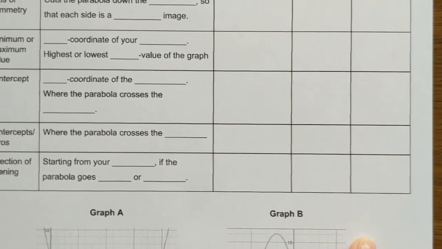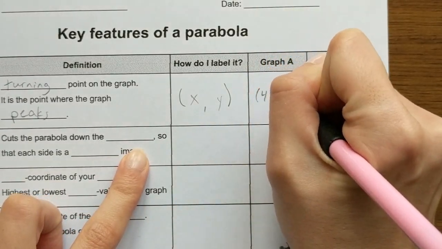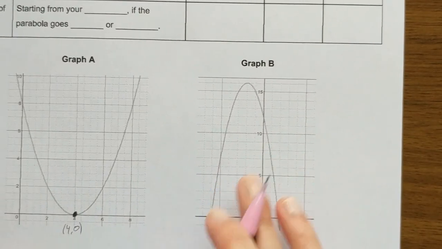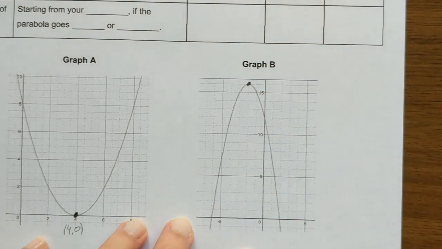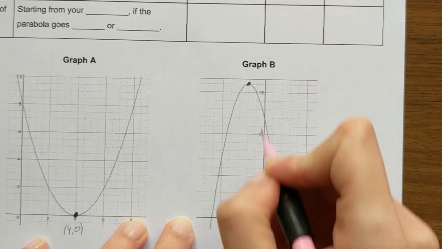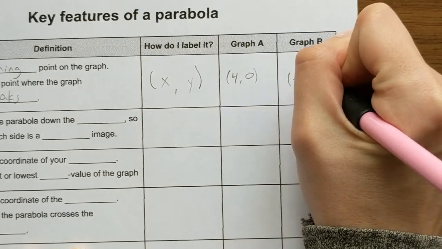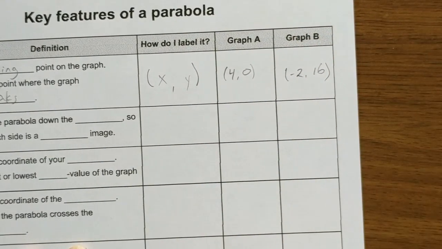So I'm going to scooch right back up here and say, in graph A, my vertex is located at 4, 0. Graph B, my vertex is this point right here. My vertex is located at -2, 16. So I'm going to write -2, 16. Good.